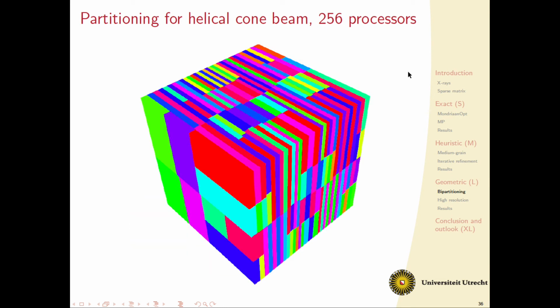And I can also show it in a movie, where the first one will be circular cone beam. That's where the detector and the source rotate around the object, but they don't move in a vertical direction like the helical cone beam. That one we'll show afterwards.